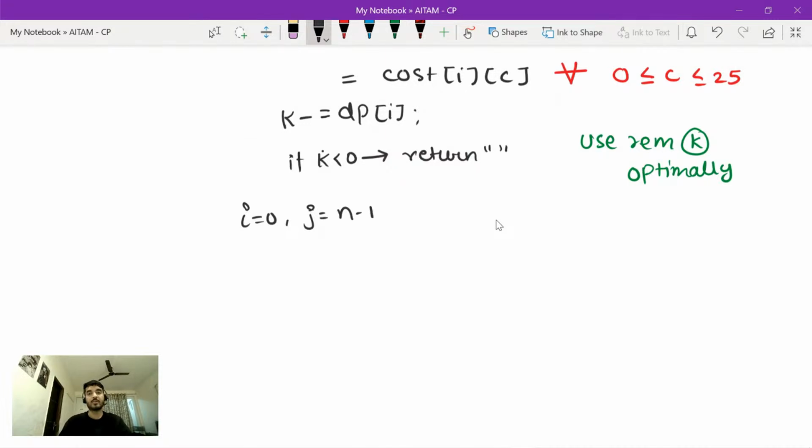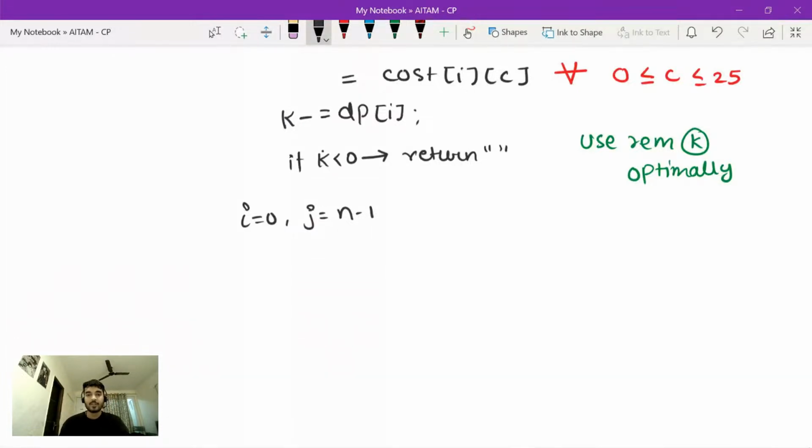Basically, I put variable i at the first index and variable j at the last index. We know that we have to make these two characters equal. Then I decrement j and increment i, then again decrement j and increment i. In this way, I am moving i forward and j backward.